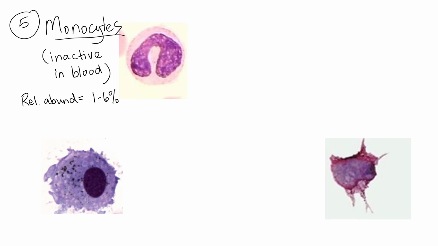How do we know that we're looking at a monocyte? Well, it has a very large bilobed nucleus. It's pretty huge. It's stained purple and takes up most of the cytoplasm.